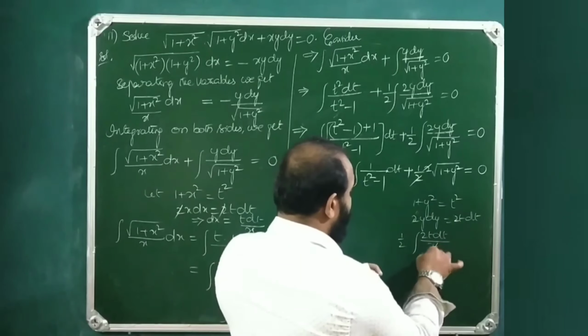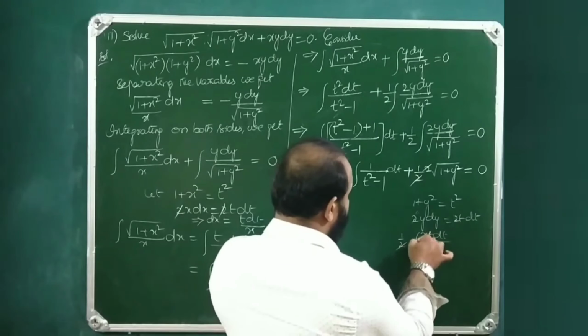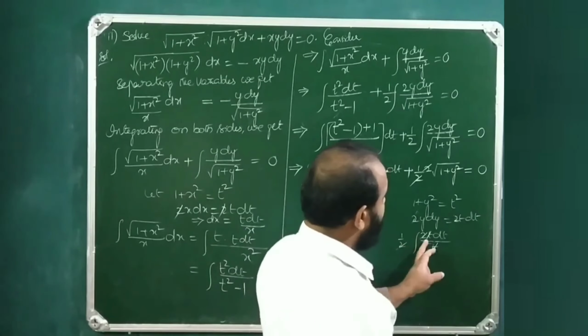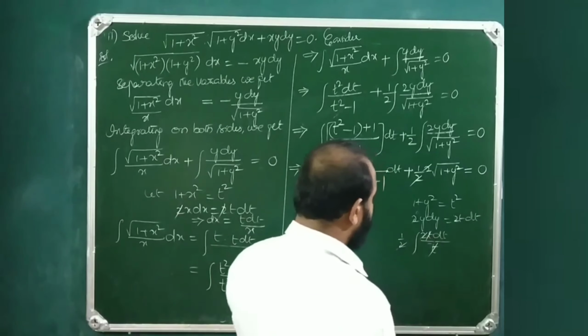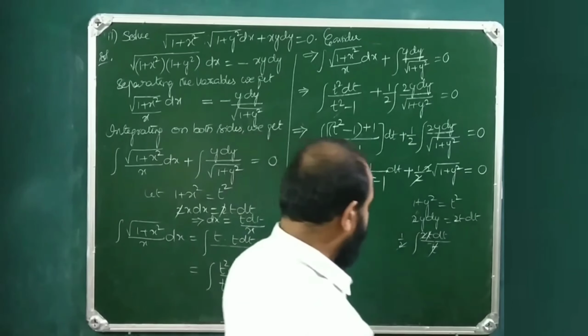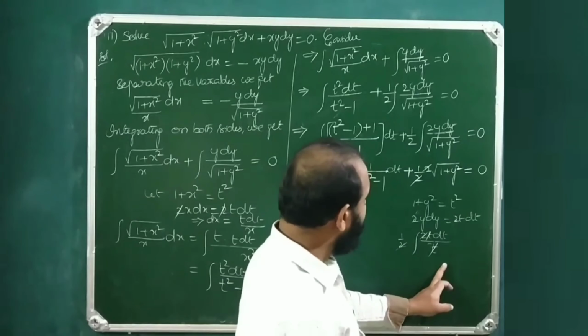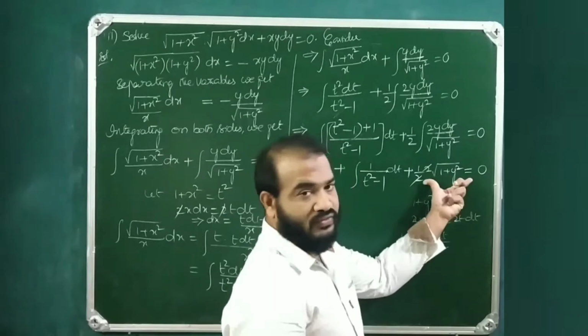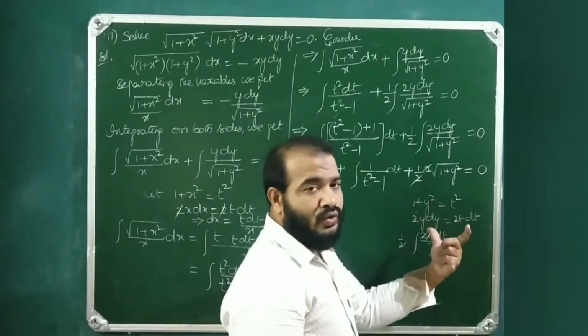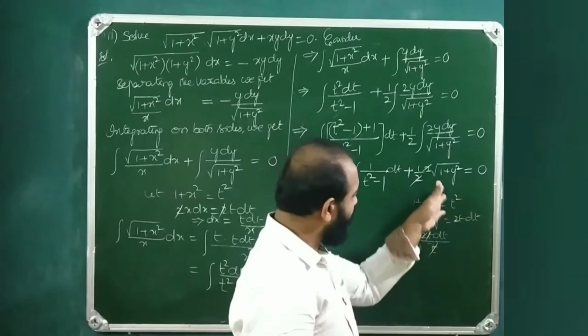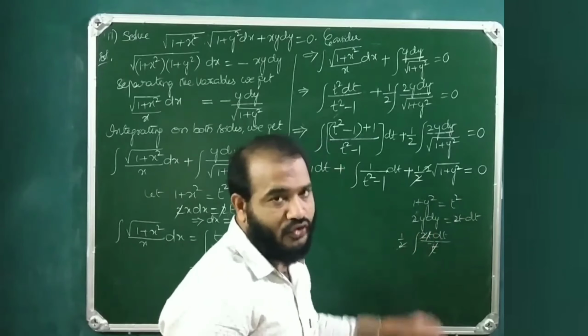So 2 gets cancelled. So the integral of 1 dt is t, and what is t? √(1+y²). If you don't know the result directly, then you may adopt this process also.